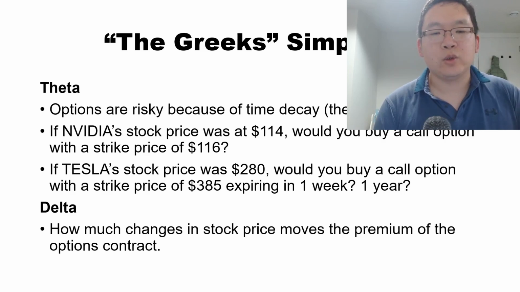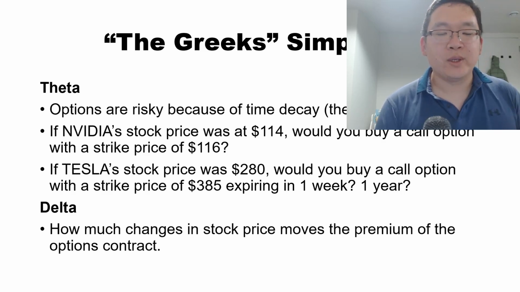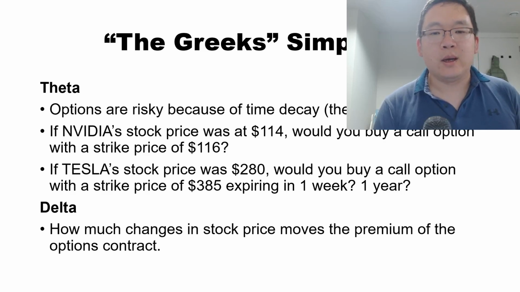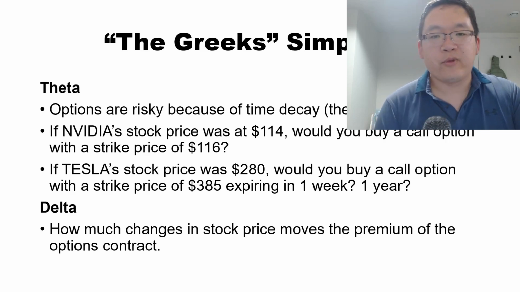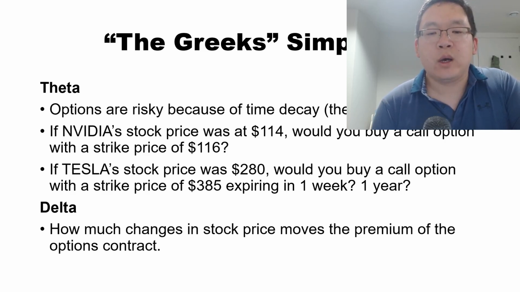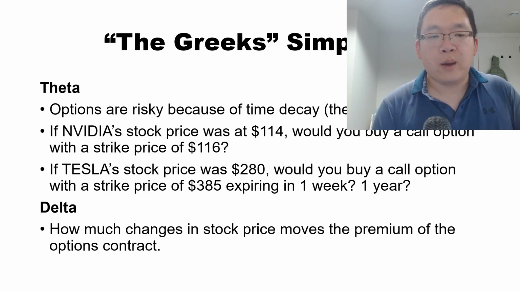The closer we get to the day the contract expires, the more risky it is, and the less time you have for the stock to get to that price, and that is what causes the contract to lose value. That's the decay of the value of the options contract.